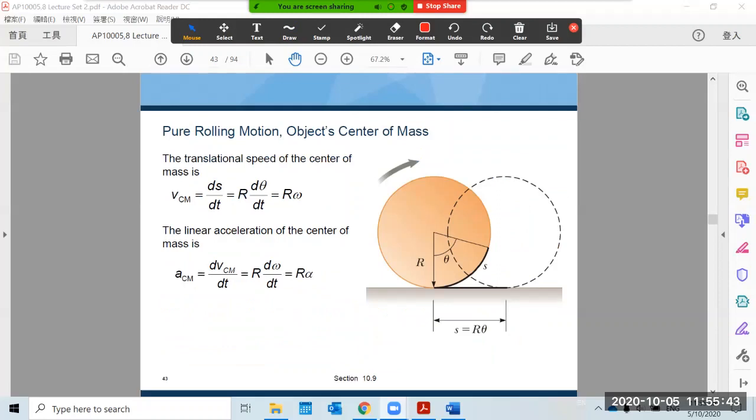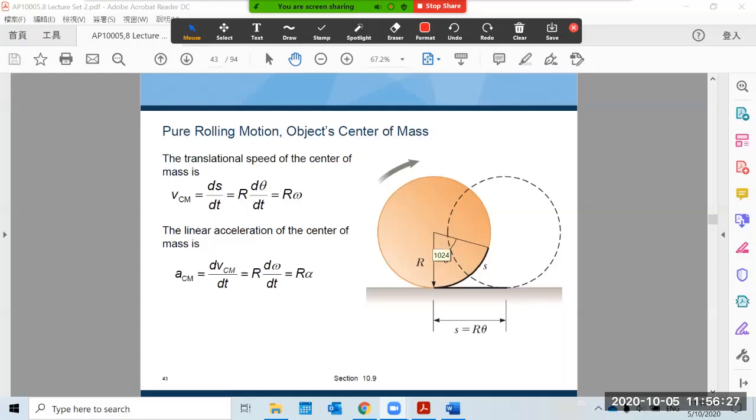Let us take a look at the situation. Here, you have a cylinder performing a rolling motion. At this moment, the cylinder is rolling in the clockwise sense, and therefore it is moving forward. Over a certain angle of rotation, or angular displacement theta, the point on the surface of the disk would cover a distance s. Because the object is rolling, this is directly converted into linear motion.